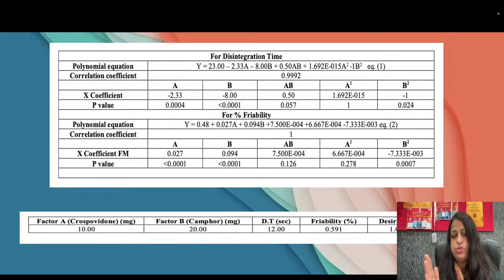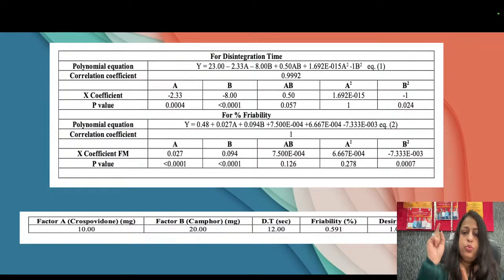Here I want to tell one more point. Maybe this predicted solution lies among the 9 trials. Whatever responses you are keeping in the table and whatever criteria and goal you are setting, according to this the factorial design can give you one formula which is among the 9 formulations you have prepared.